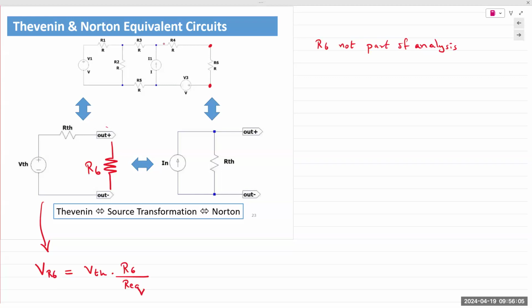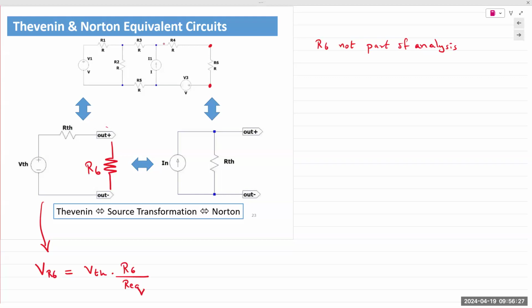Now you can simply program whatever value for R6 you wish, and you can calculate it as many times as you need. One-step answer. The most important point is that outside of R6, the value of this voltage and this resistance does not change.